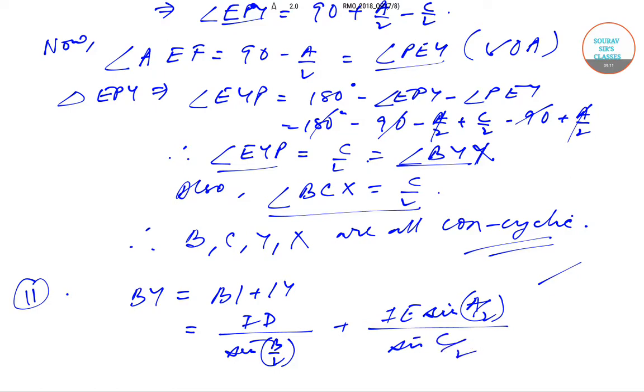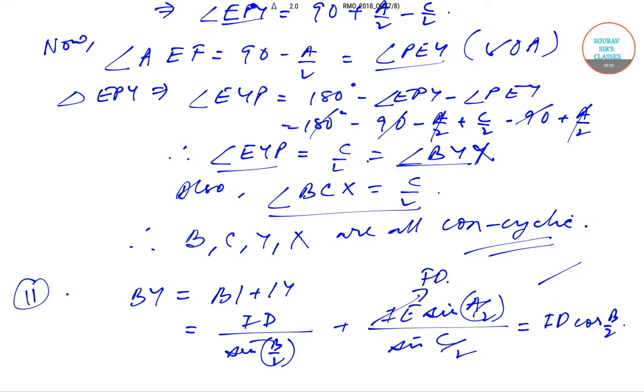Now we know that ID, IE and IF will be basically the radius of the incircle, so they are all equal. So we can write IE as ID. Now if we take ID common, and break the structures and apply the regular formula, this will be ID cos of B by 2. So BY will be ID cos B by 2.